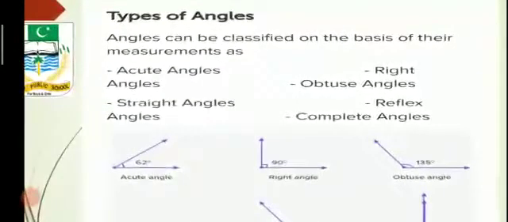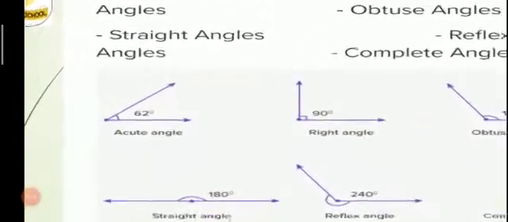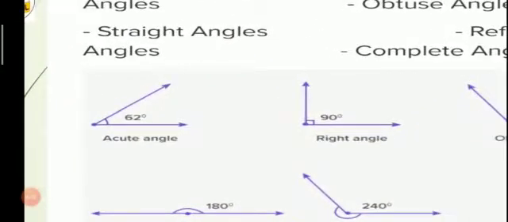Types of angles. Angles can be classified on the basis of their measurement as acute angles, right angles, obtuse angles, straight angles, reflex angles, and complete angles. Acute angles are less than 90 degrees. Right angles are always exactly 90 degrees.